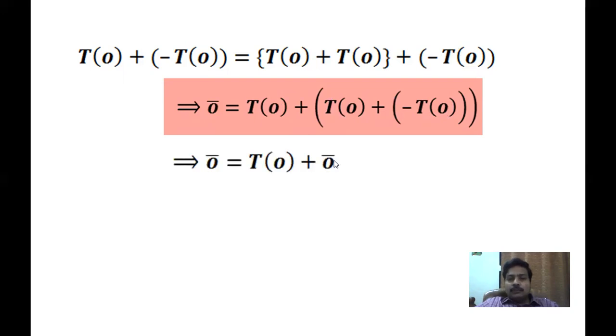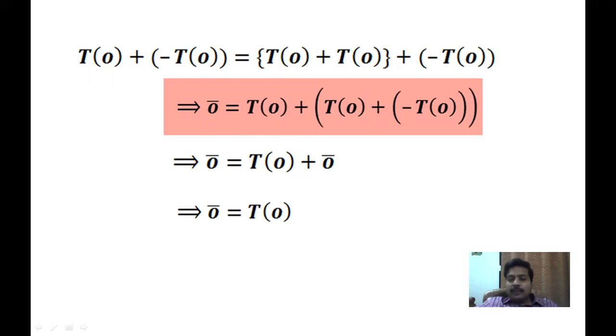O bar is added to T of O, another vector in W. So O bar is equal to T of O plus O bar. So if a vector is added to the zero vector, you will get the original vector itself, that is T of O. So finally we got T of O is equal to O bar.